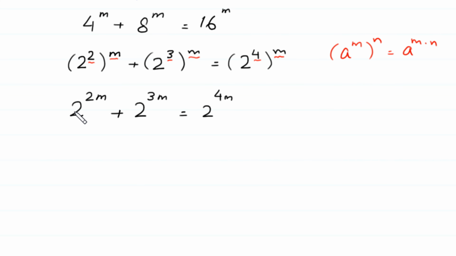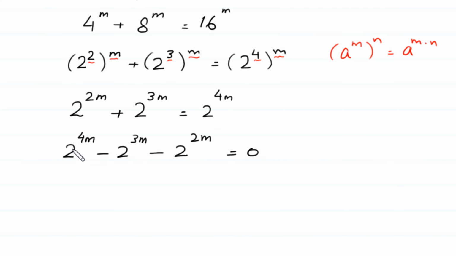Now we move these two terms to the right side. First we write 2 to the power 4m. Then this plus 2 to the power 3m becomes negative 2 to the power 3m, and this positive 2 to the power 2m becomes negative 2 to the power 2m, is equal to 0.